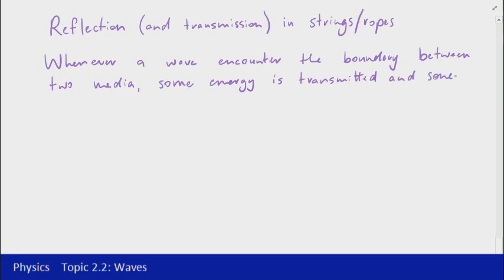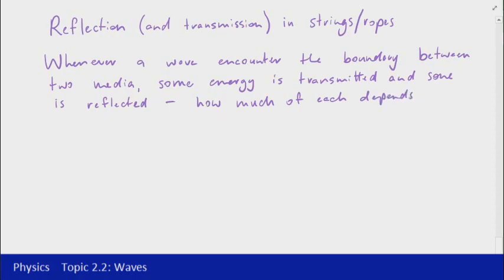What happens with that transmission and reflection depends on the two media themselves. So we're not necessarily going to quantify this as a relationship as such, just going to do it qualitatively so that we've got an understanding of what's happening with the transmission and the reflection.